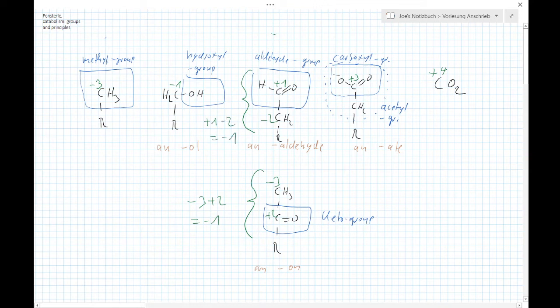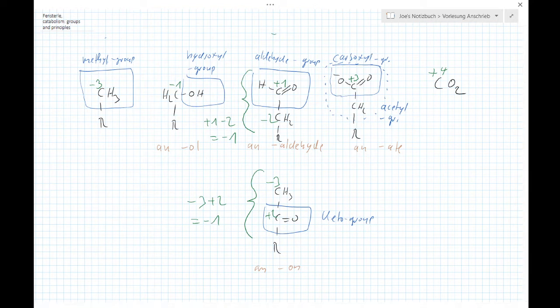So you see overall, there is no change of the oxidation numbers if you look at these carbons. So if you just move this keto group here to this position, of course the oxidation numbers of the carbons where you have this double bond O change, but the overall oxidation number does not change.